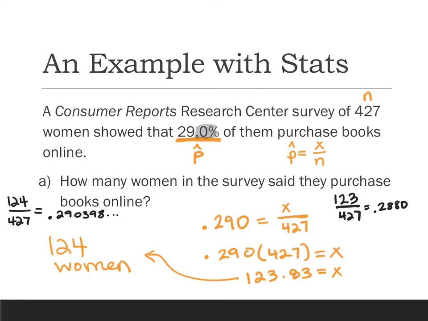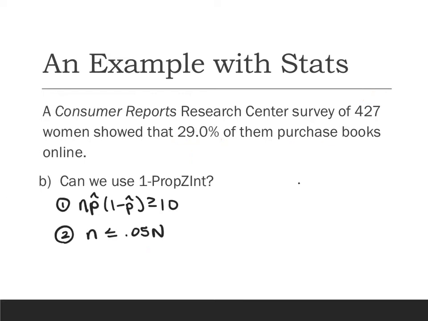So even if traditional rounding says round down, we would still round up. And we'll talk about why and when we will do that. But for now, for this situation, we just want to round appropriately. So we would say 124 women who were surveyed said that they purchased books online.